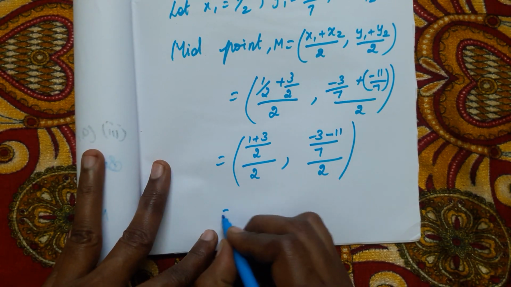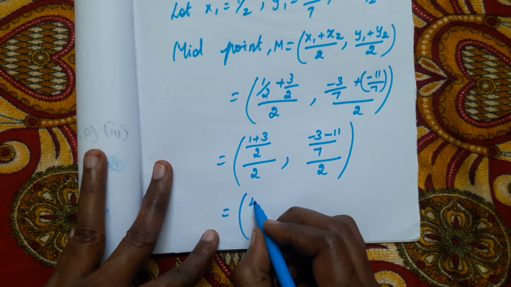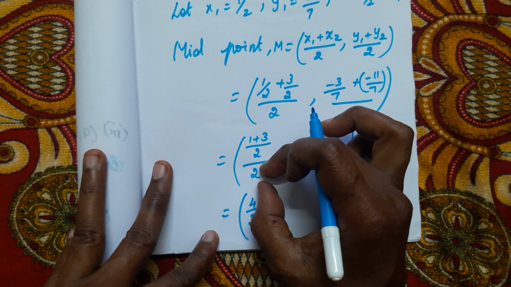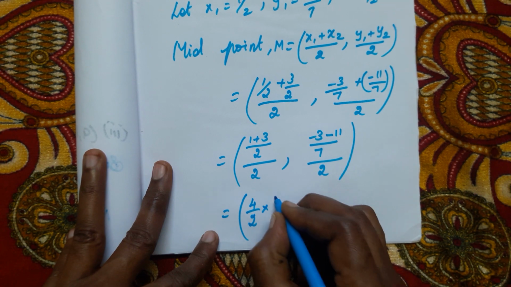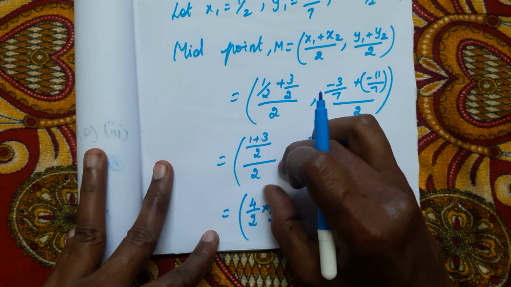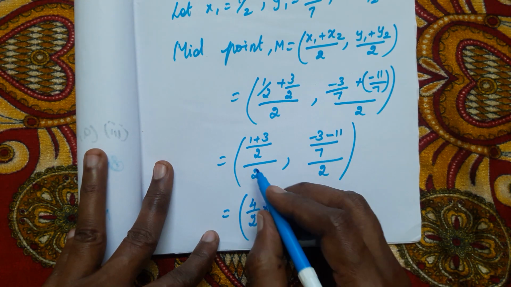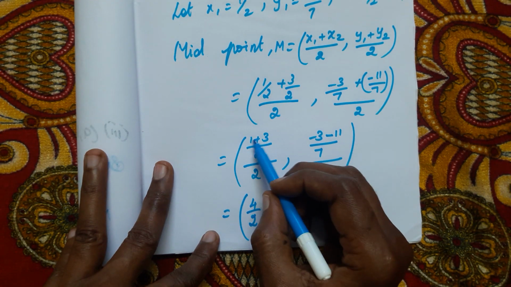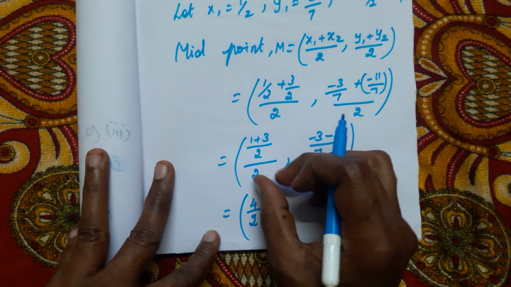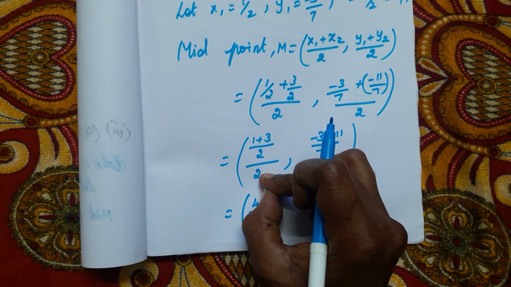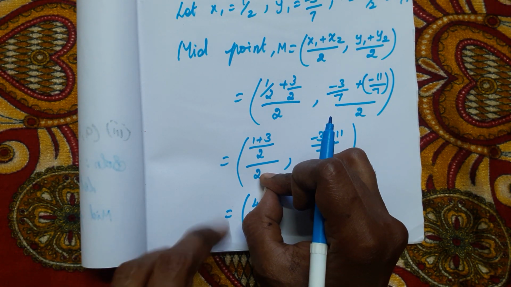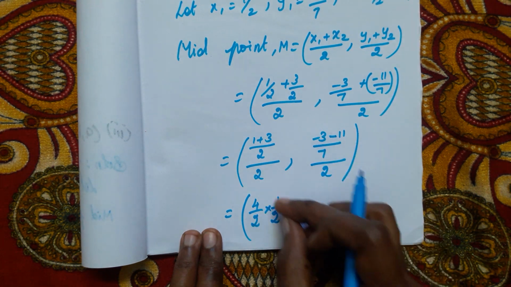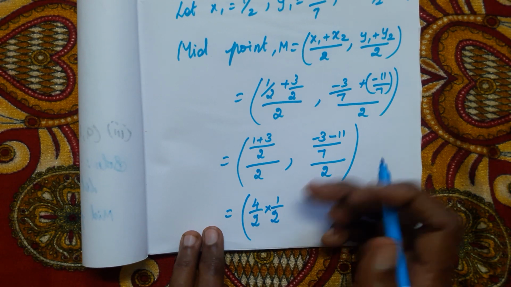Next it is equal to 1 plus 3 is 4 by 2. Next this is divided by 2. What is the reciprocal of 2? 1 by 2. Divide means take the reciprocal and multiply it. So 4 by 2 we multiply by 1 by 2.